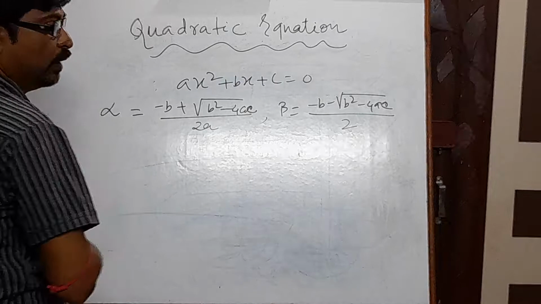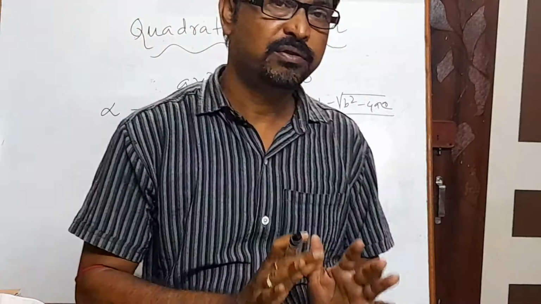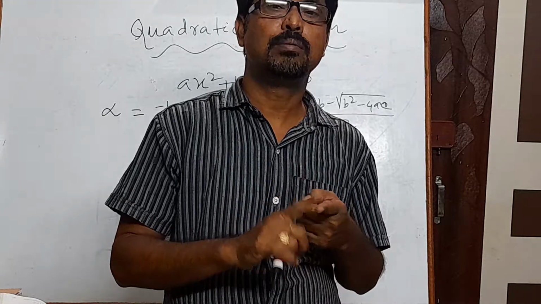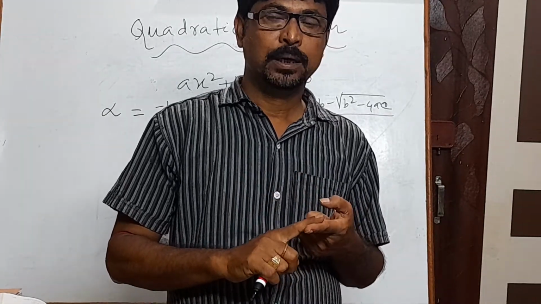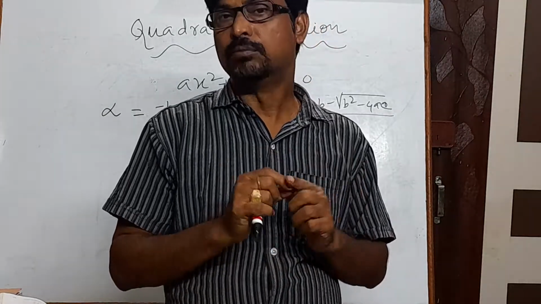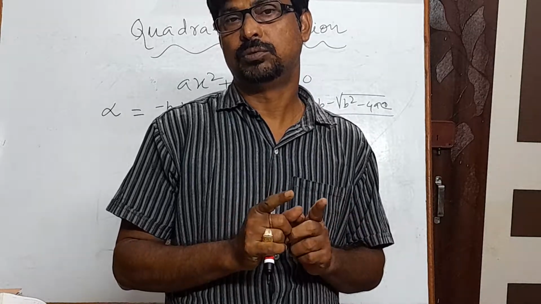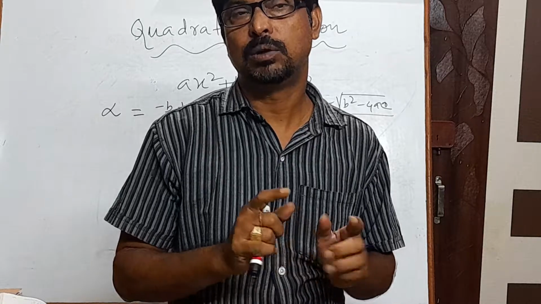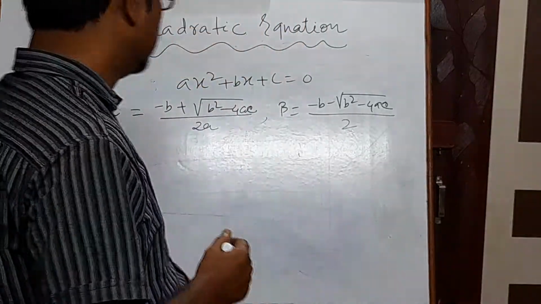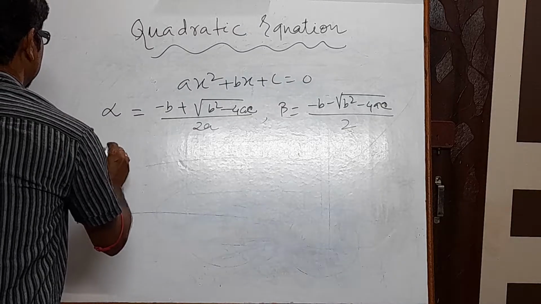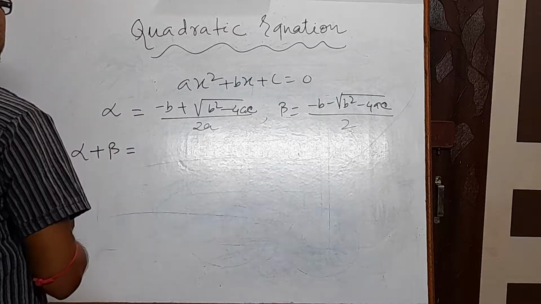So what will be the value of the sum of these two roots? Sum of these two roots means alpha plus beta. I am trying to find a formula for the sum of the roots. What will be the formula for that? Alpha plus beta is what?